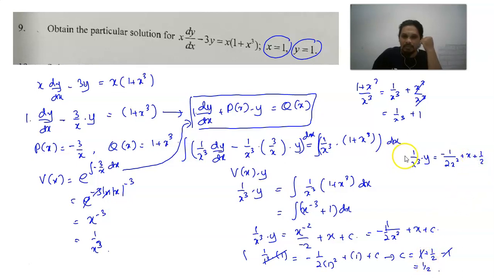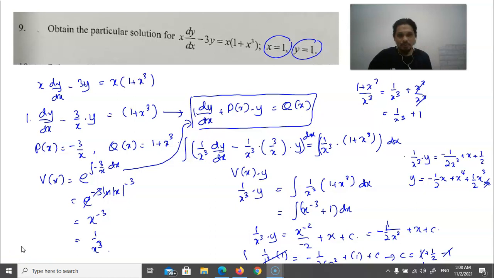Multiply by x cubed on each term. Then y equals x cubed times negative 1 over 2 x squared, which is negative 1 over 2 x, plus x multiplied with x cubed, x to the power of 4, plus 1 over 2 x cubed.